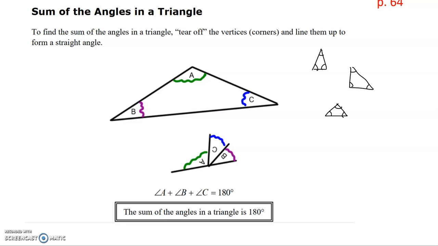So if I cut C, A, and B, those corners off with some scissors, and I put them all together, they would form a perfectly straight line, those three angles, which means those three angles together equal 180 degrees. And try it. You can make a triangle, cut the corners out, and form that straight angle. Three angles of a triangle equal 180.